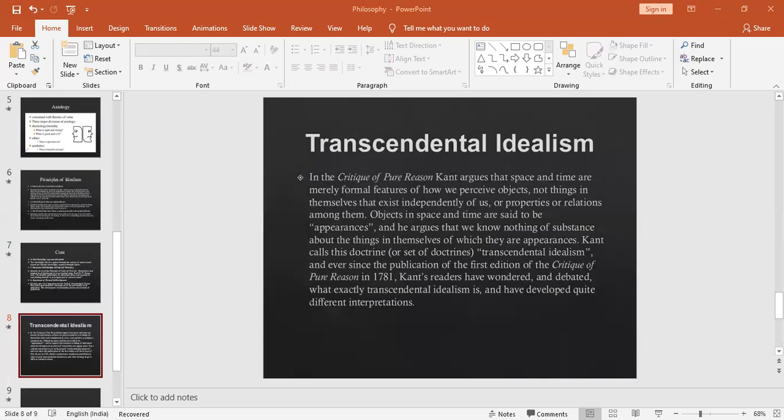So what is realism? Reality, knowledge, and value exist independent of the human mind. That is realism. So when you talk about idealism and transcendental idealism, then obviously you have to understand what realism is. Probably you would have known the term realism, right?